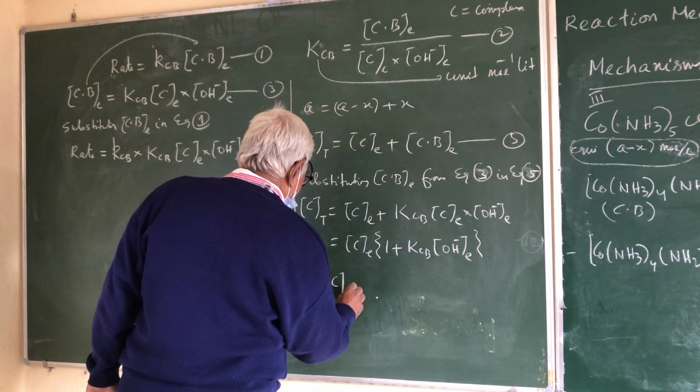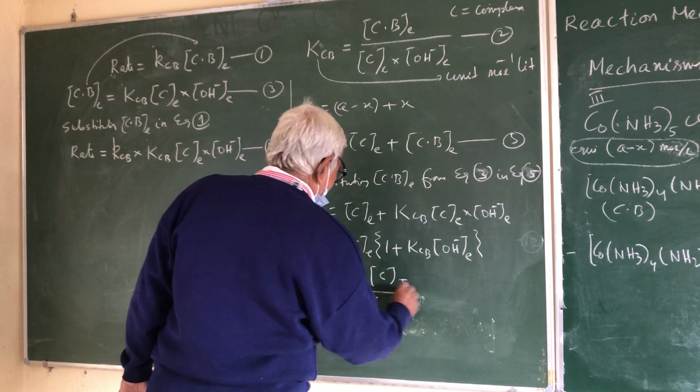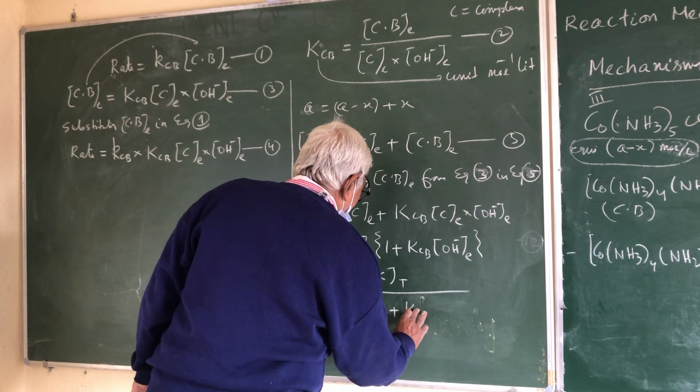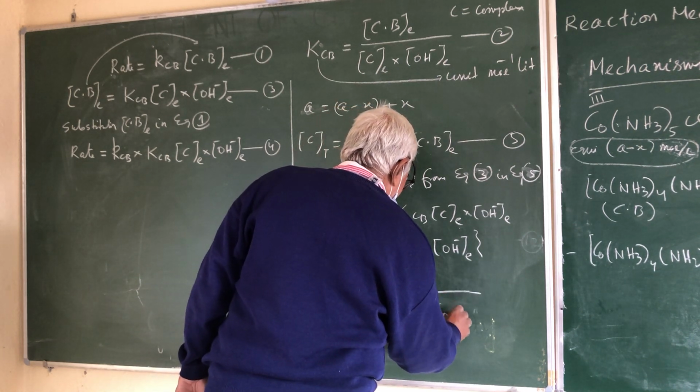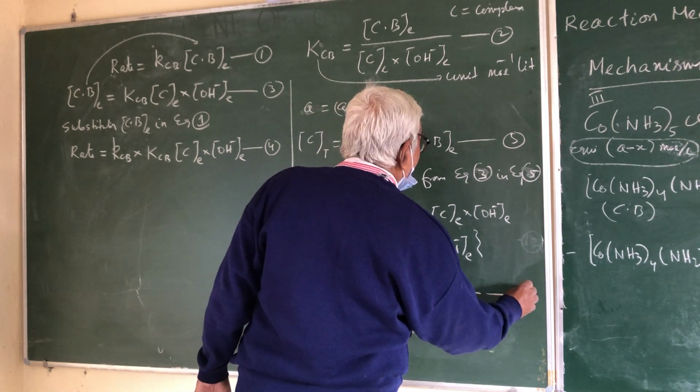Therefore, complex equilibrium will be equal to complex total by 1 plus KCB into hydroxide equilibrium. This is equation 6.